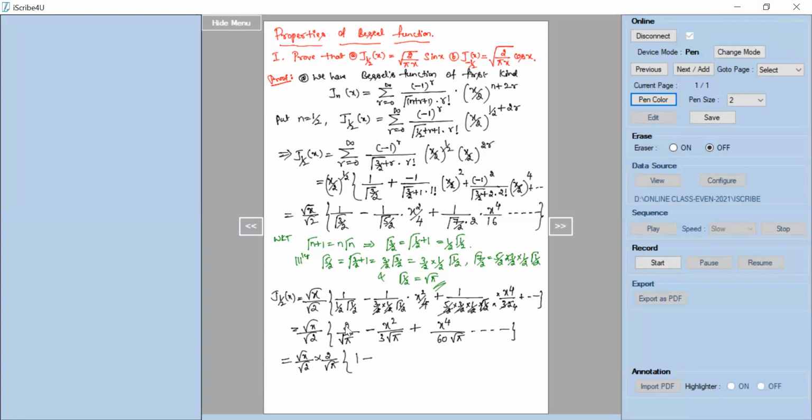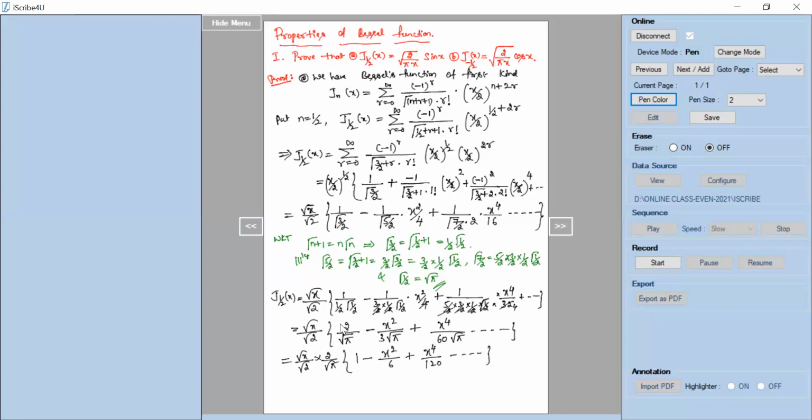Since here we have taken 2 outside, in the numerator there is no 2, so it will come to the denominator. So 3 into 2 becomes 6. So it is x square by 6, and root pi we have already taken outside. Plus the next one is x power 4 by 16 into 2, that is 120, like this. Right.